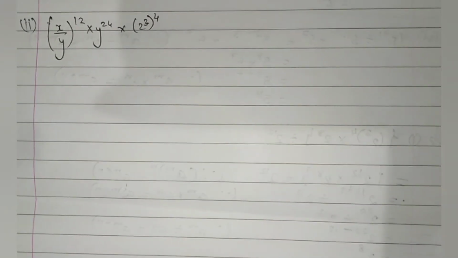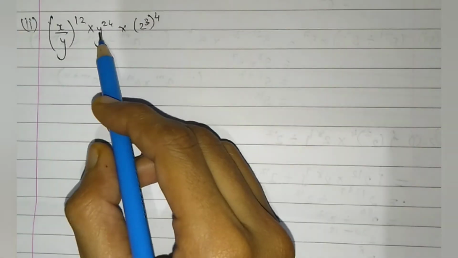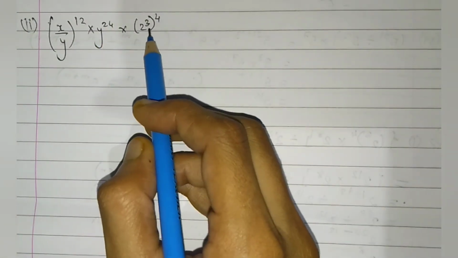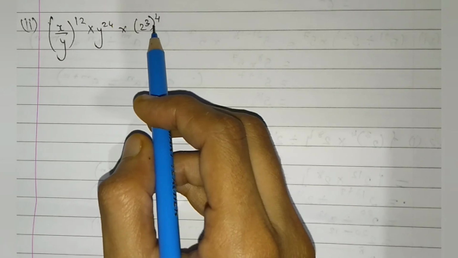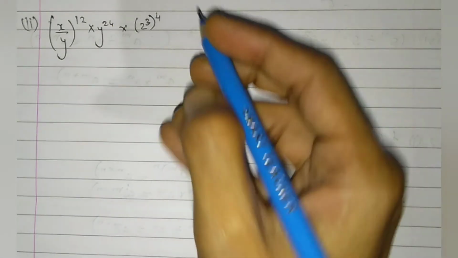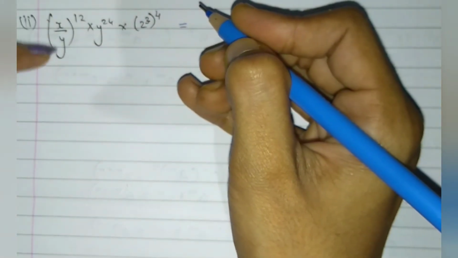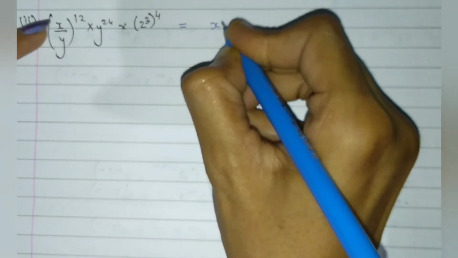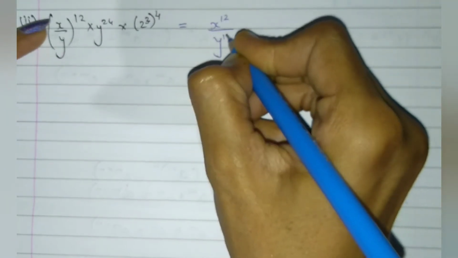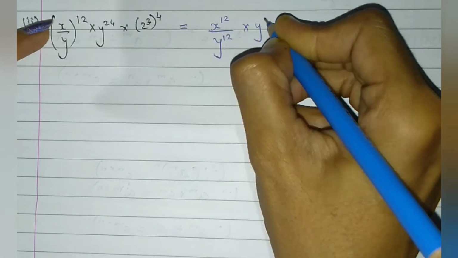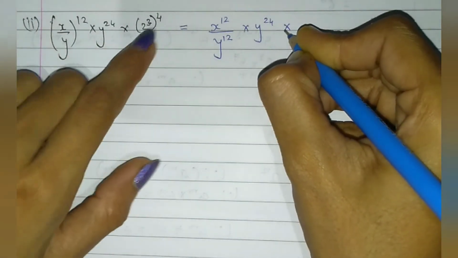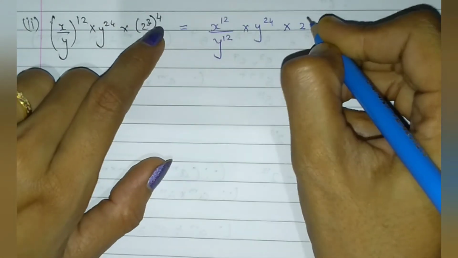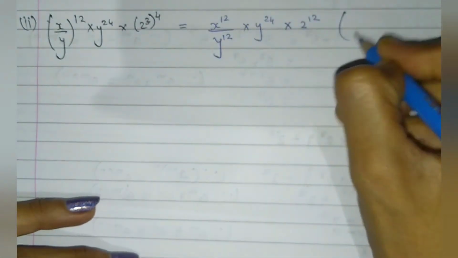Second one, x upon y whole raised to 12 into y raised to 24 into 2 raised to 3 whole raised to 4. So first of all, we'll just separate it. x raised to 12 upon y raised to 12 multiplied by y raised to 24 multiplied by 4 3s are 12, 2 raised to 12.